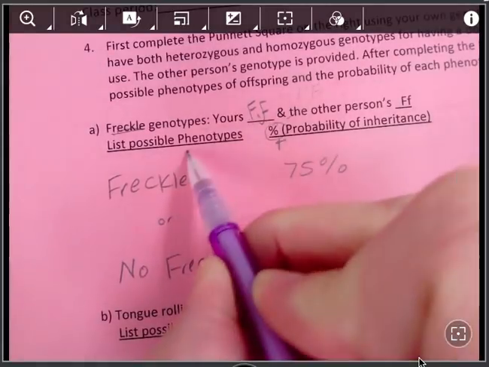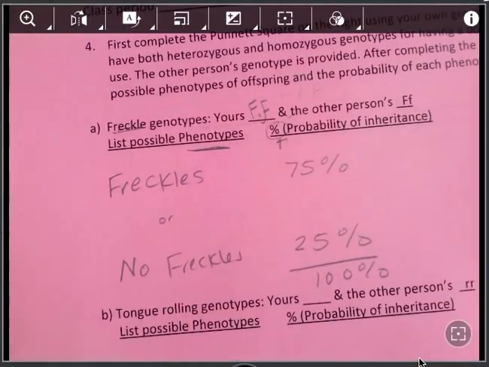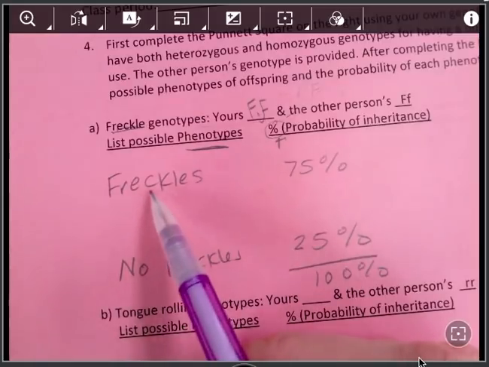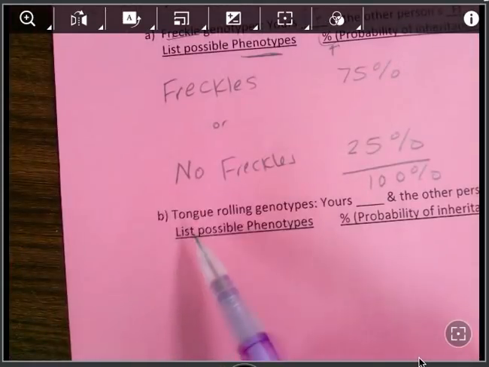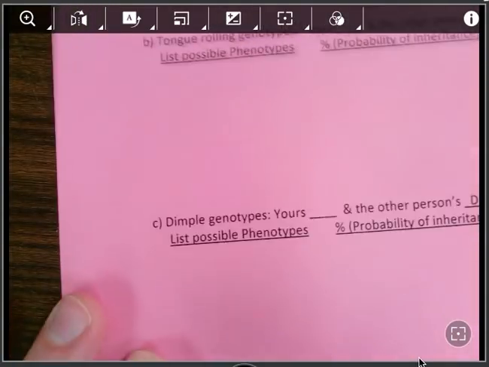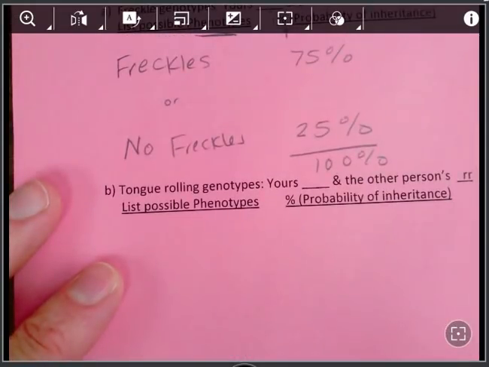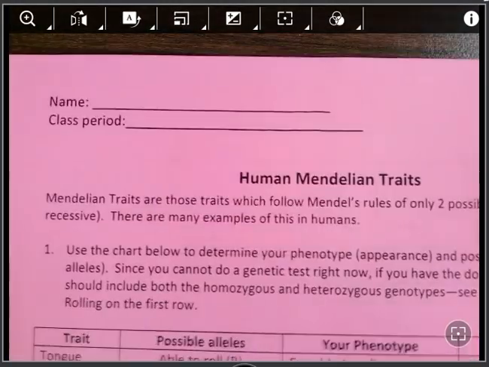And remember, phenotypes are physical characteristics, so it needs to be something you can see. Freckles, tongue rolling, dimples, widow's peak. You literally write it down. So that is how you do the back page of the Human Mendelian Traits Lab.